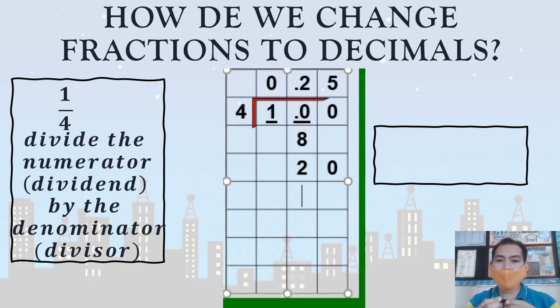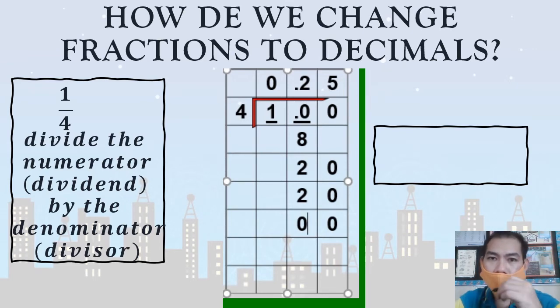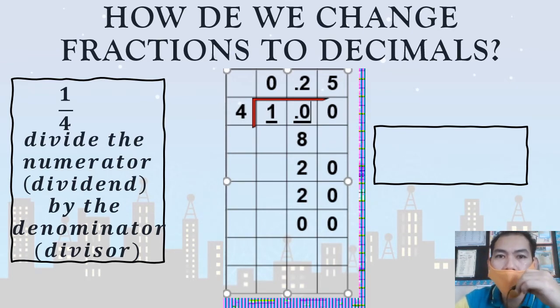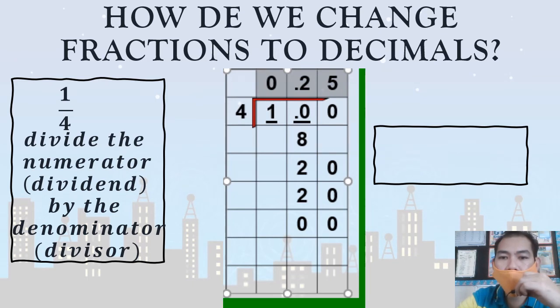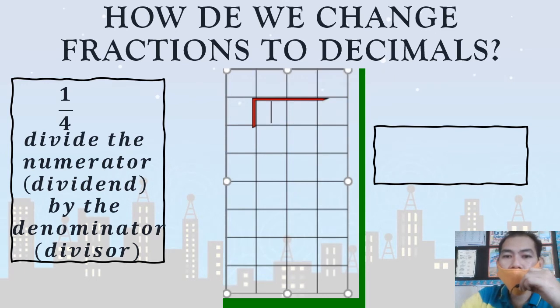So it ends at 5. So our answer, the decimal of 1/4 is 25 hundredths. Okay, 25 hundredths. Okay, so let's proceed to the next.